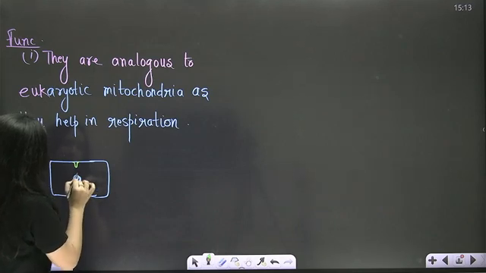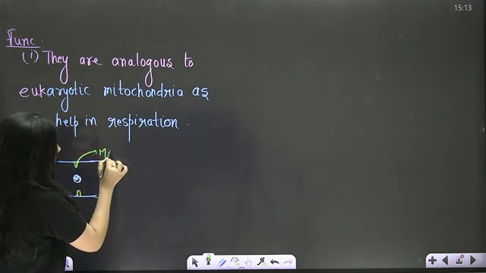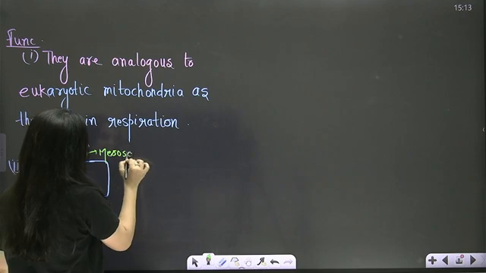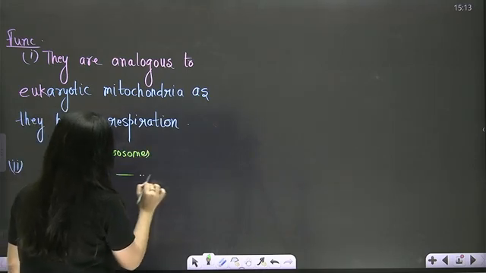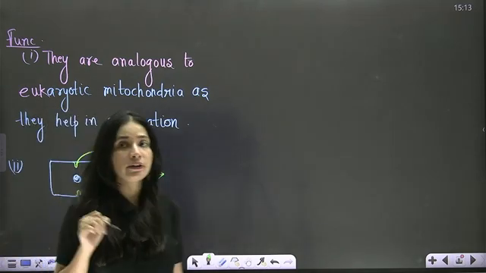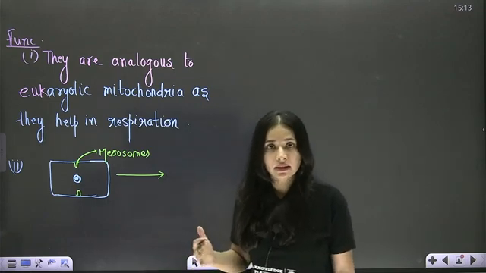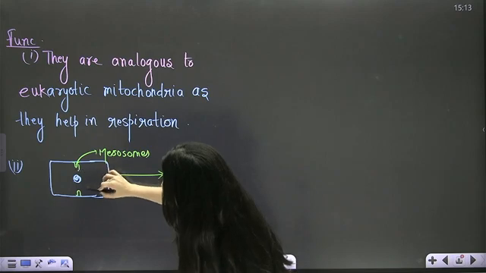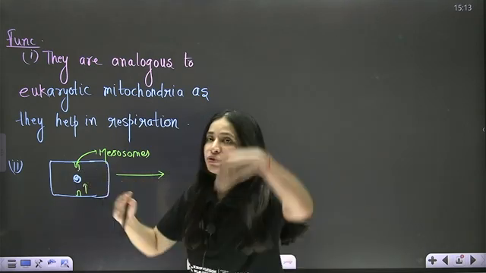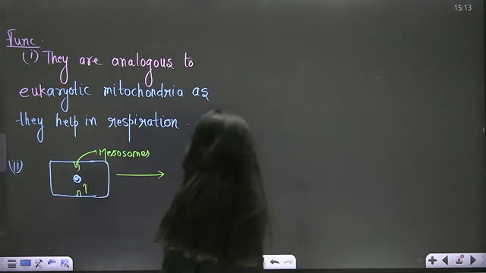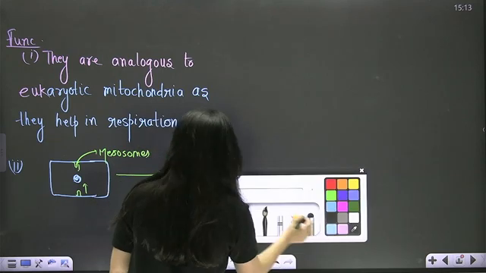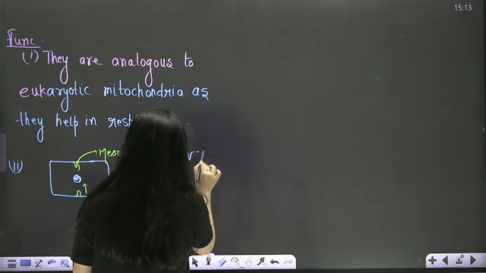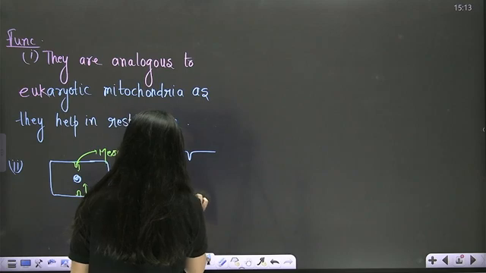These infoldings are nothing but the mesosomes. Now whenever this bacteria wants to divide by fission, these opposite side infoldings start growing towards each other like this.